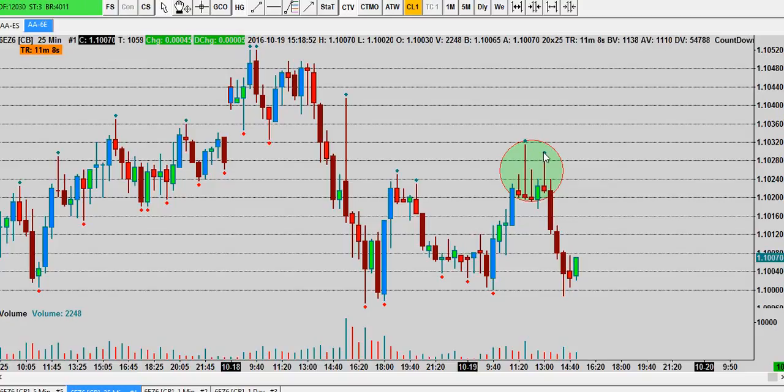The same happens with this bar here. So this is a very clear sign that the range is strong, price cannot get out of the range, and we can consider trading to the short side because we are on the top of the range.